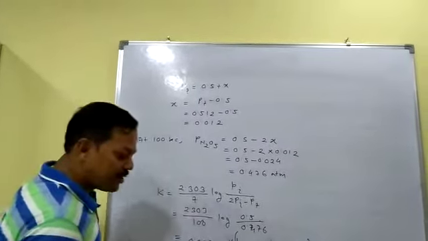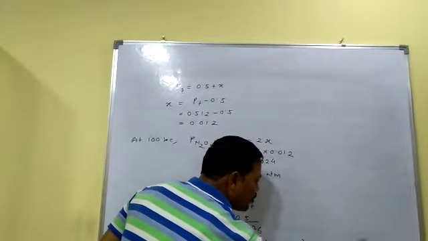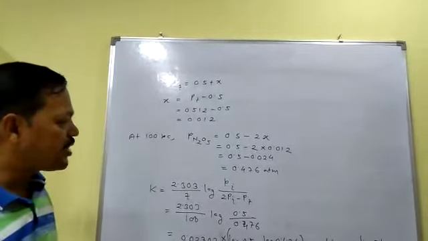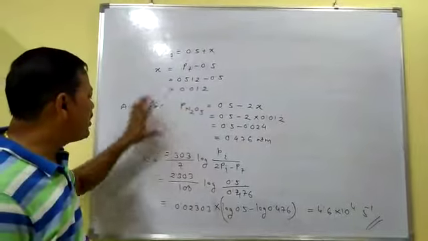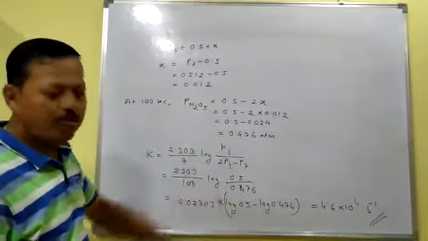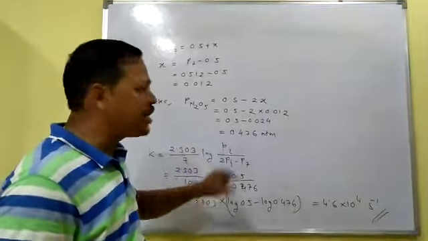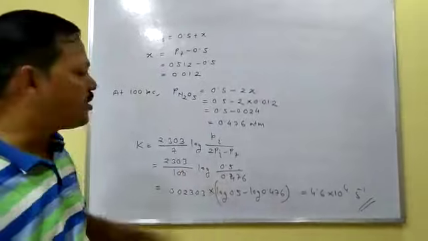When you calculate this, you will get the value 4.6 into 10 to the power minus 4. The unit will be second inverse, because the time is given in seconds. So in this way you can determine the value of the rate constant from pressure. If pressure is given, you apply the pressure equation, and if concentration is given, then you can apply the integrated concentration equation. Thank you.